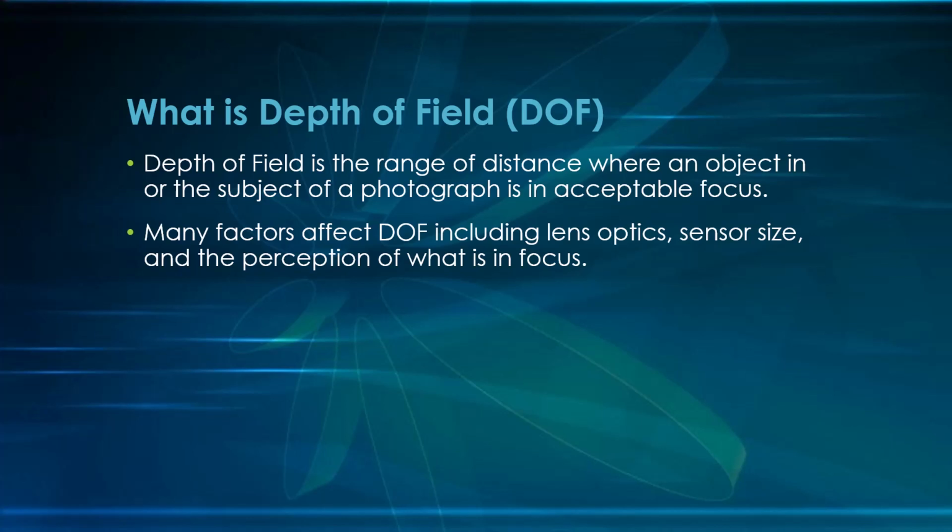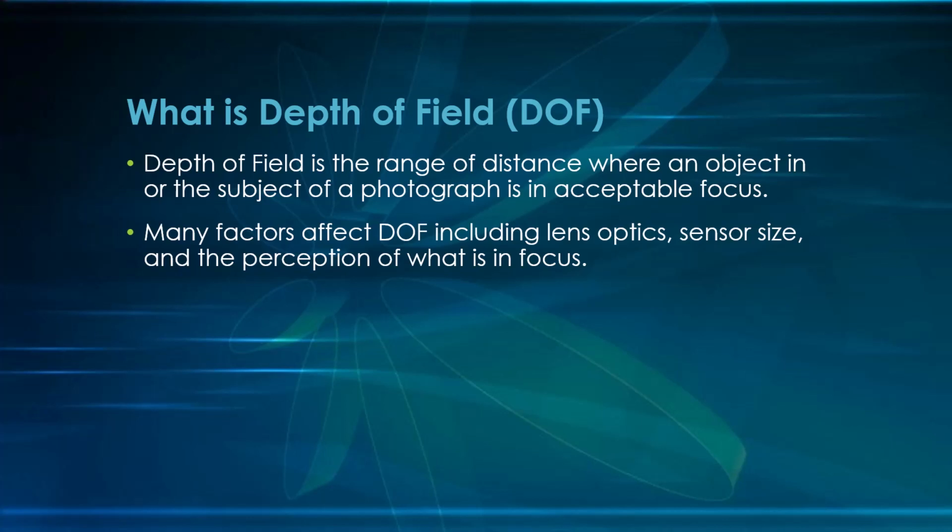So it's important to realize if you're using a program to calculate depth of field or an equation that it may be using a definition of acceptable focus that may be more or less than your definition of acceptable focus. So that's just something to be aware of.